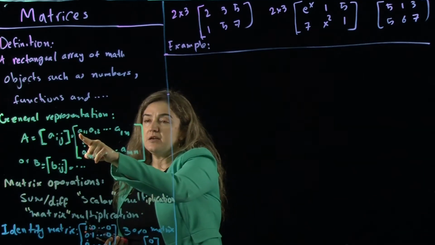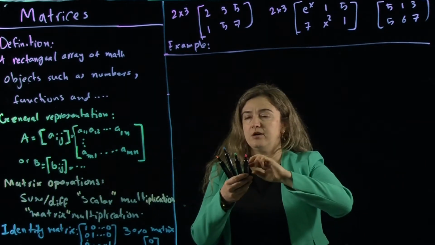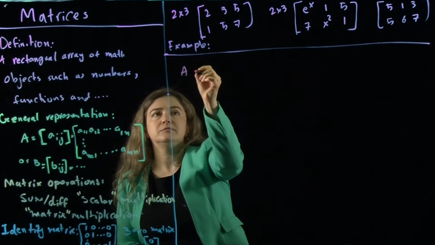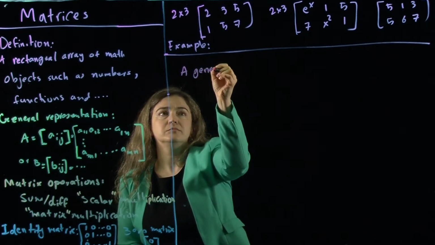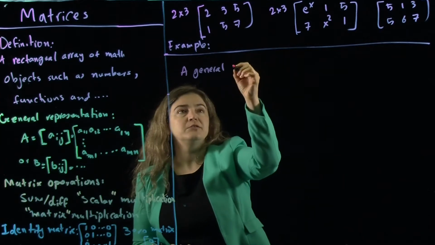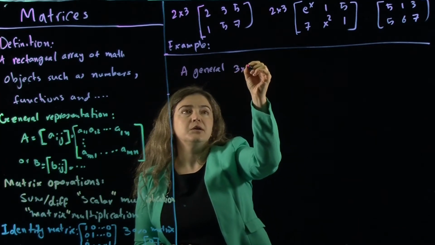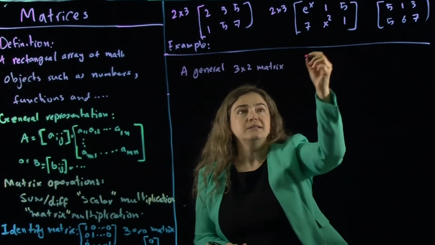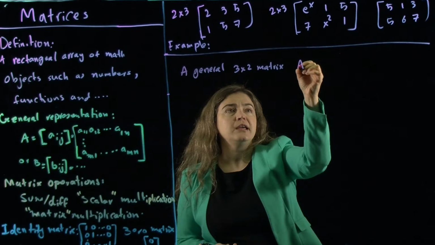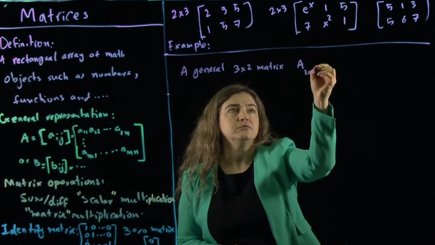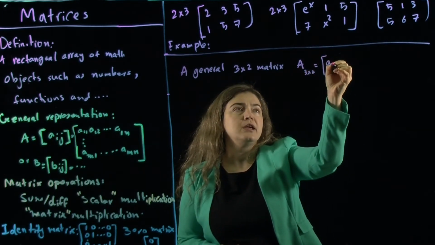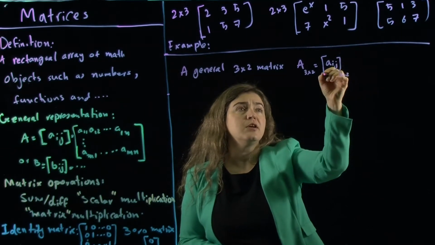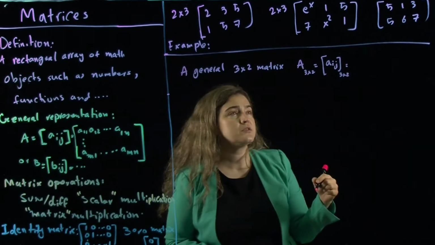If you notice, let's write it up here. Let's say I'm trying to show a general 3 by 2 matrix. Then I can either show A and write 3 by 2, or show A_ij and write 3 by 2. There are other methods of showing 3 by 2 also.